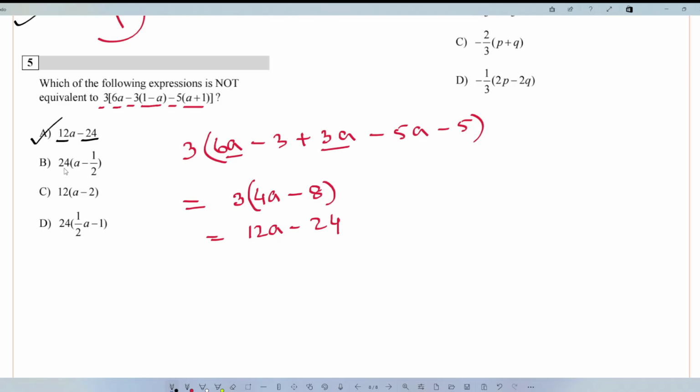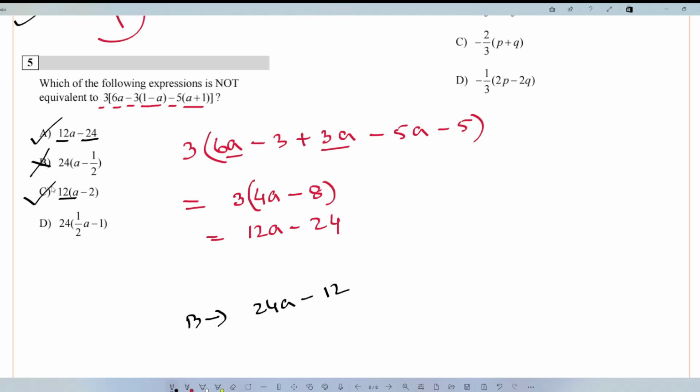Now look, 24 times a minus 1 by 2. Once we multiply this one, so number b, what will happen? Here is 24a and 24 times 1 by 2, it will become 12. So number b is not okay. Similar thing, number c, once we multiply a minus 2 by 12, here is 12a and 12 times 2 means 24.